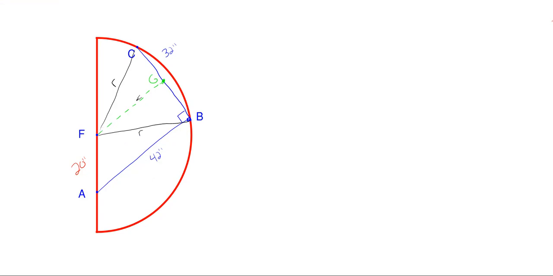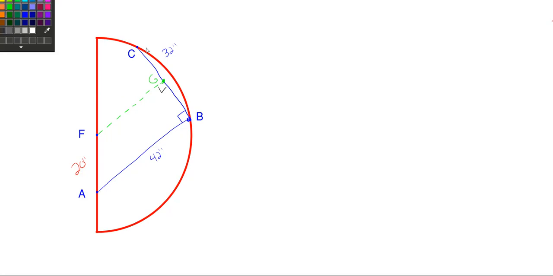So F is your peak, and then CB is your overall base. So drawing from F to CB with a perpendicular line here will also bisect that member of CB. So what we have here, and let's just stick with black.